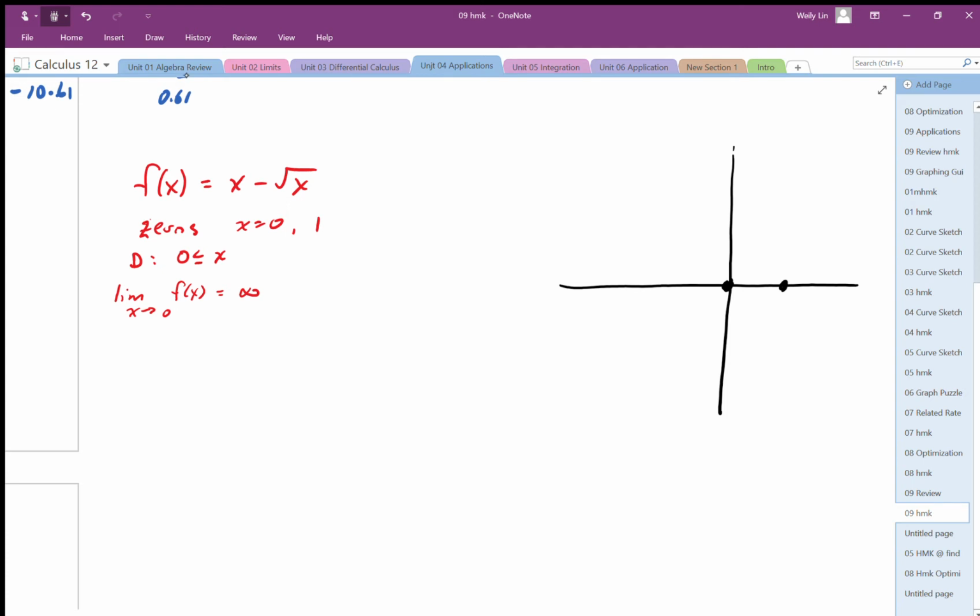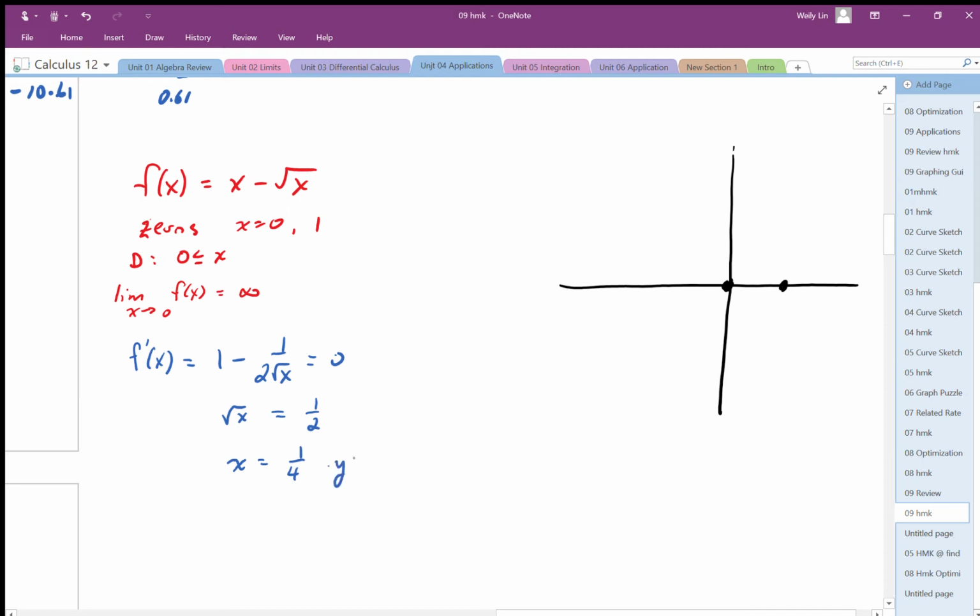Okay, so I want to find any mins or maxes, so I'm going to look for f prime. So f prime x is going to be 1 minus 1 over 2 root x. I want to find out where that's equal to 0. So I end up with root x equals 1/2. So I get x equal to 1 over 4.